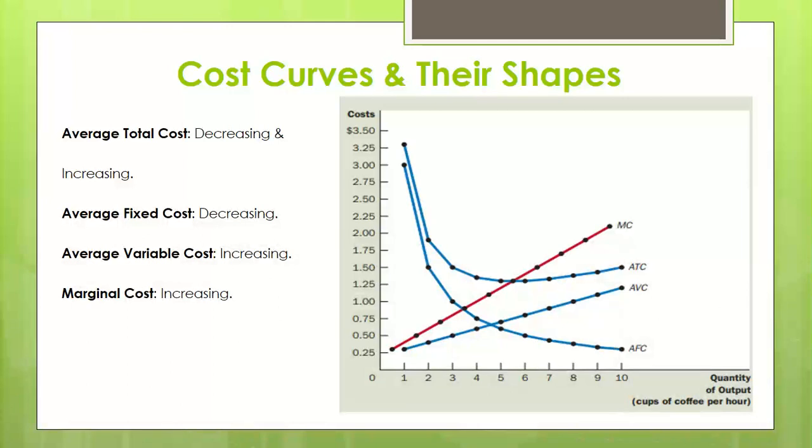So if the fixed cost is constant and the denominator, Q, the quantity of output, increases, then average fixed cost decreases, as is obvious from this curve, and it comes to a smaller number.